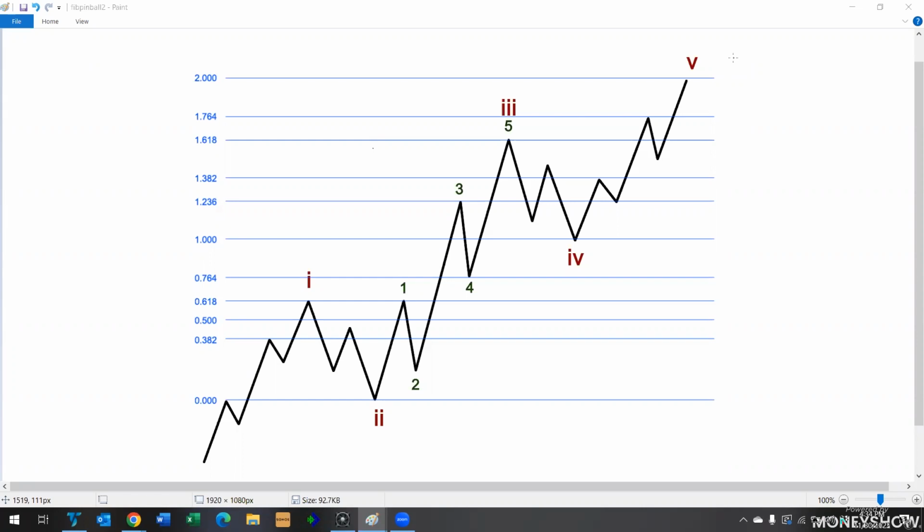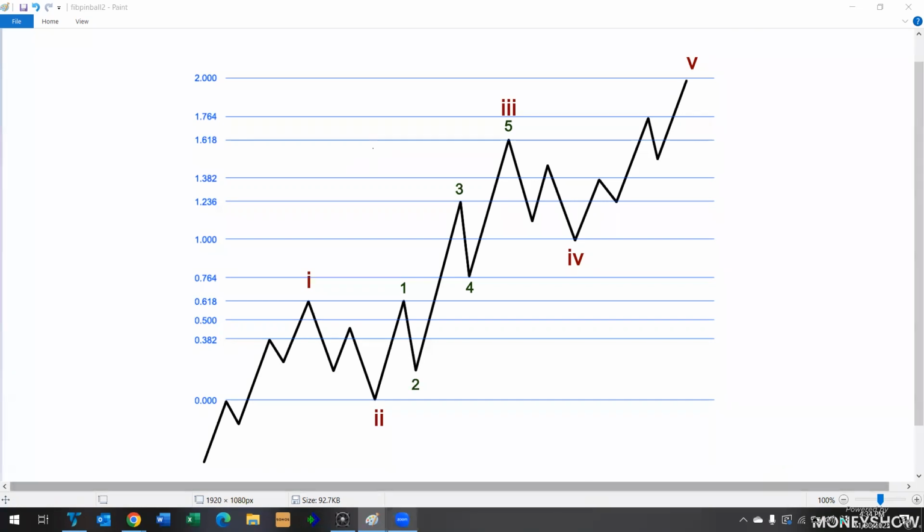It tells you how far you're going to go, how far you're going to pull back. It really gives you a certain amount of probability to be able to identify movements within the structure. So that is Elliott Wave analysis in very simplistic terms.